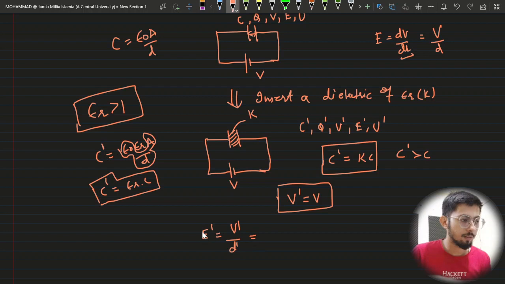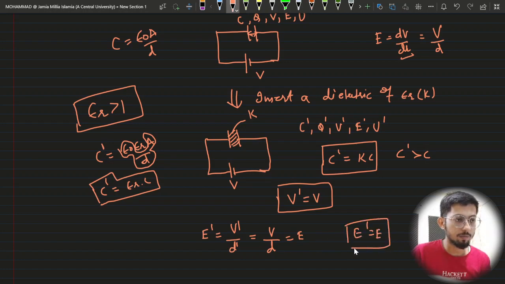Now V dash is V, and D dash is also D, because we are not changing the distance. So V by D is the initial E, so E dash is just E. There is no change. Till now we have found that only the capacitance value has changed. Voltage is the same and the electric field is the same.